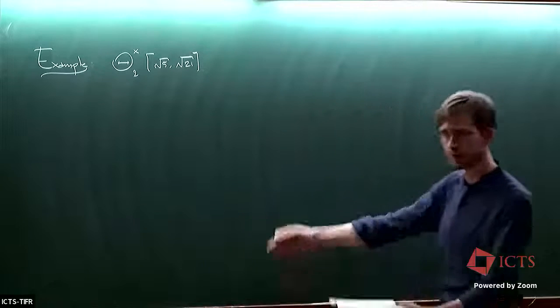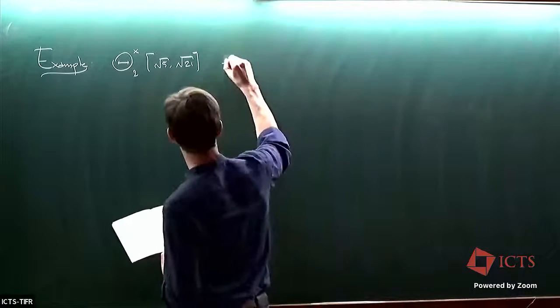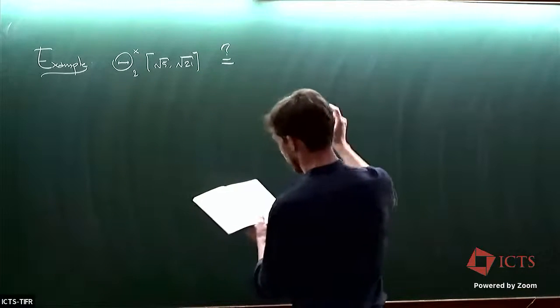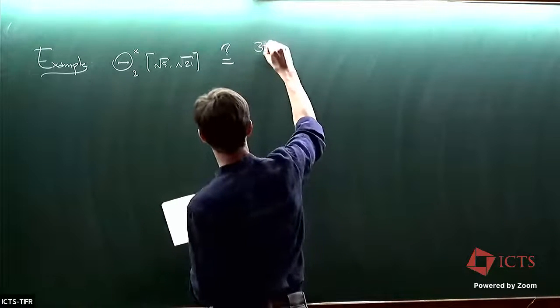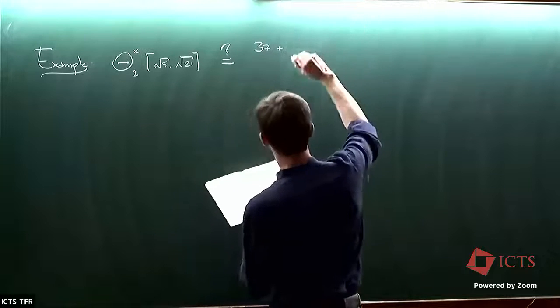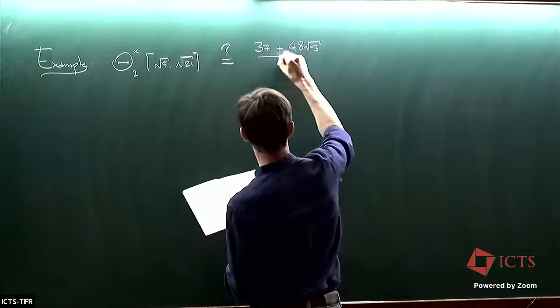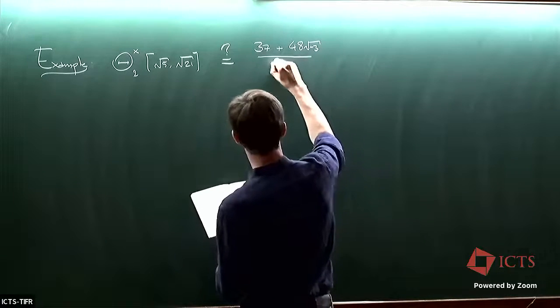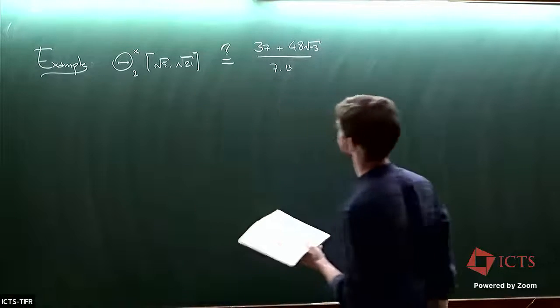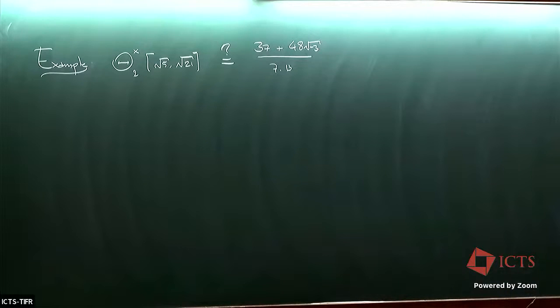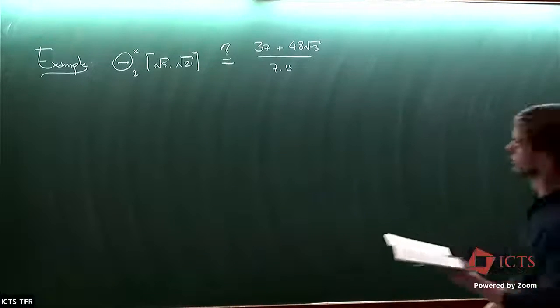So now we run this machine, and out comes a 2-adic number that looks very convincingly like the following algebraic number: 48 square root of minus 3 divided by 7 times 13. And I'll say a little bit about these factorizations later on.